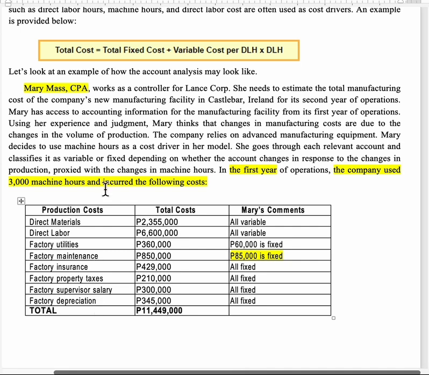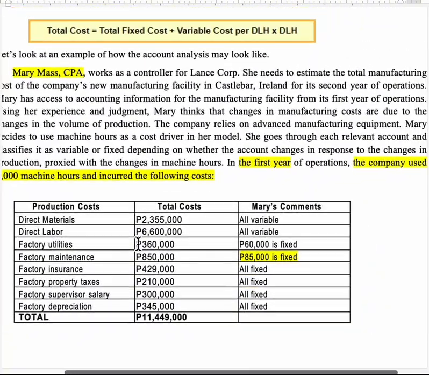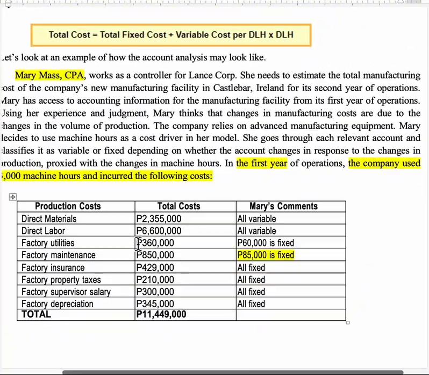This is the given data. Direct materials total cost is 2,355,000. Direct labor cost is 6.6 million. Factory utilities, we have 360,000. Factory maintenance 850, factory insurance 429,000, and so on.